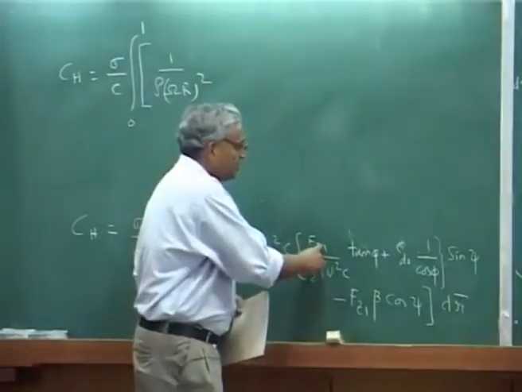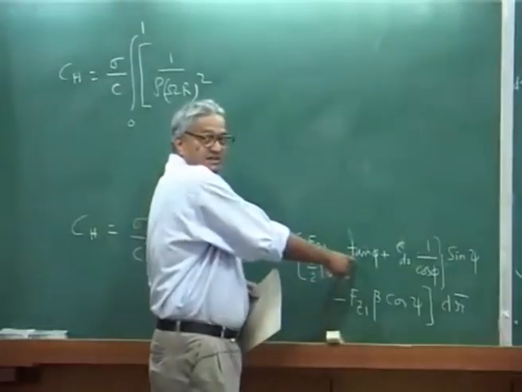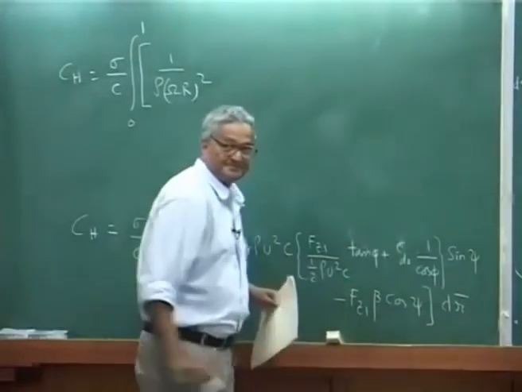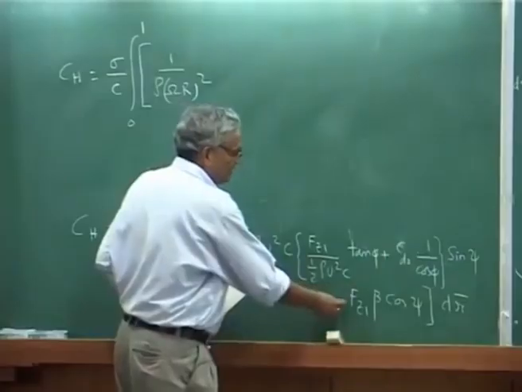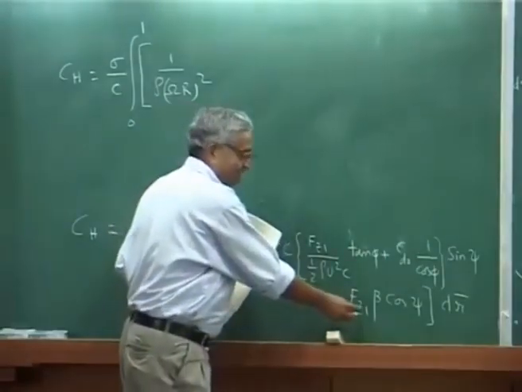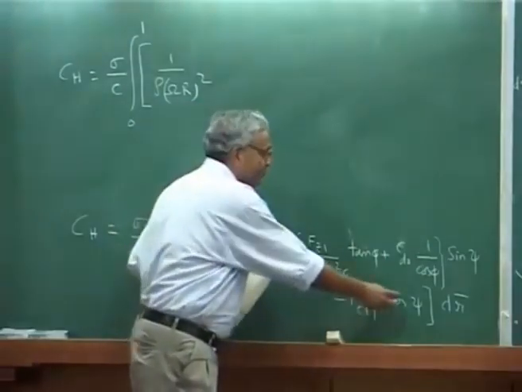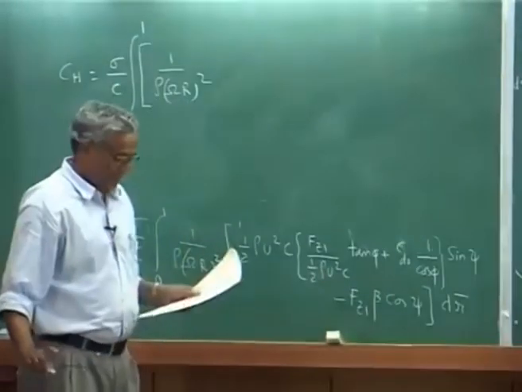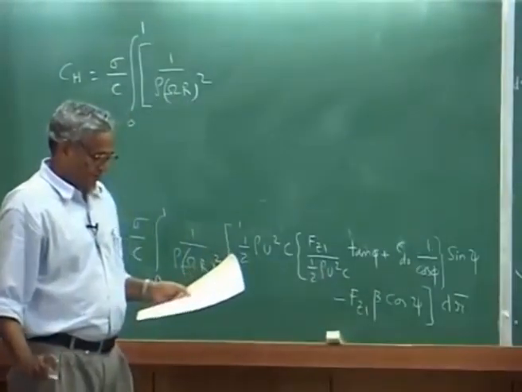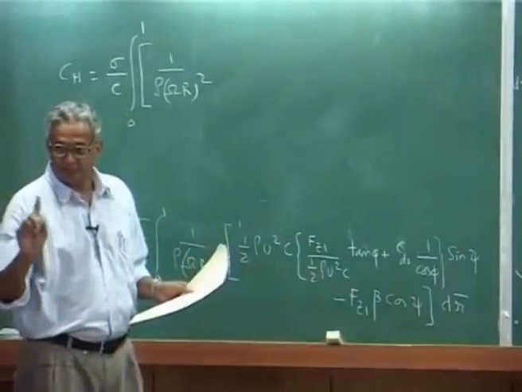So, f z 1 u p over u t sin psi minus f z 1 beta cosine psi. So, you will have two terms.